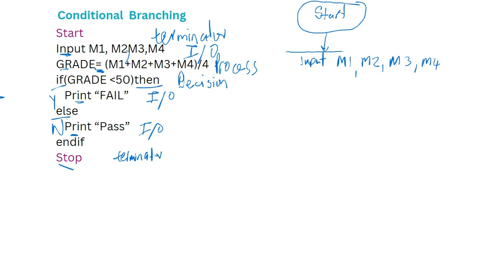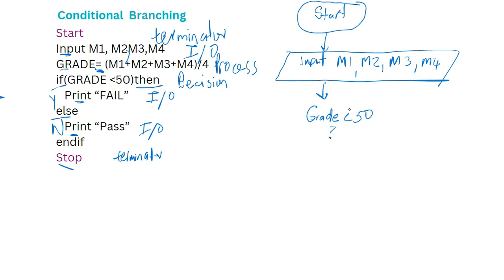And that goes in a parallelogram. Next line is a decision, right? Decision is the diamond. So the decision is, we're checking if grade is less than 50. I will put a question mark so that we know it's a question.